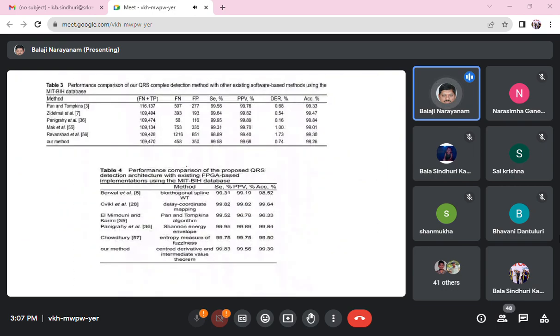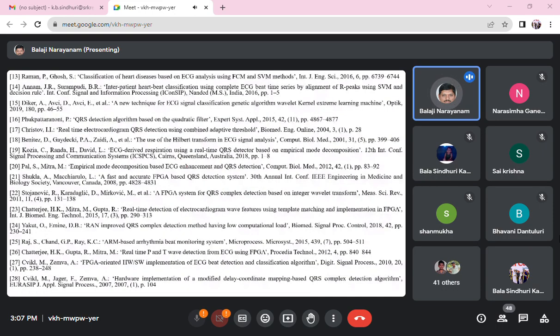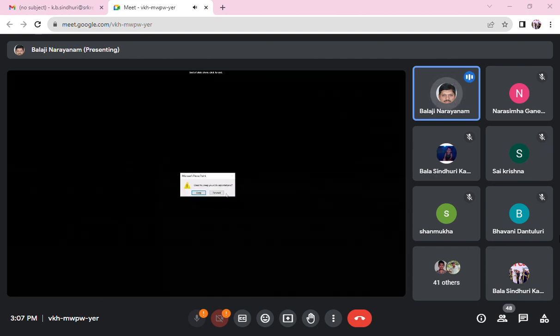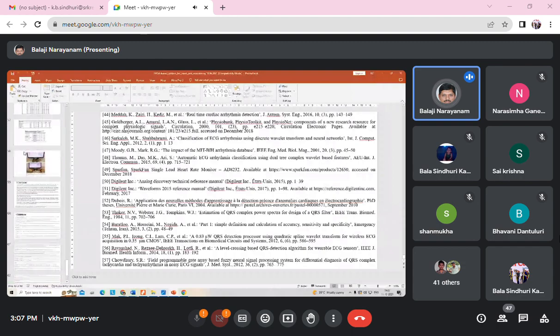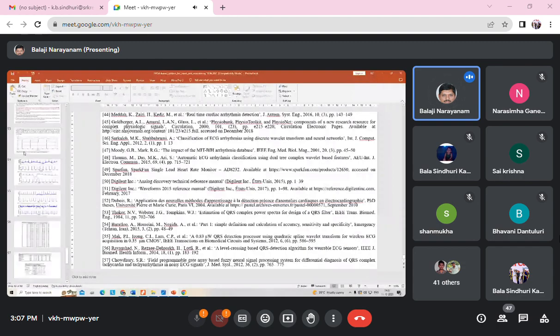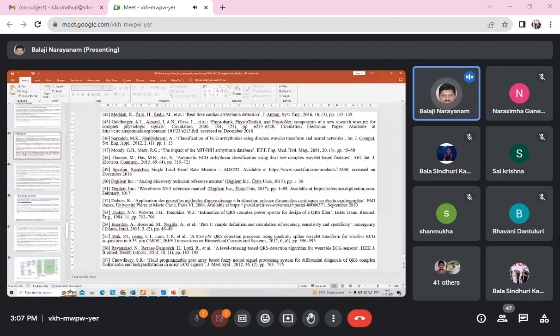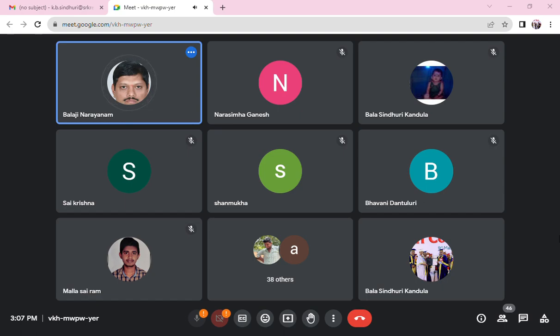Instead of the results given in this, we have done a Xilinx system generator implementation. I want to show those waveforms making use of the Xilinx system generator block. Let me stop sharing this so that I can show the implementation that was done making use of the Xilinx system generator.